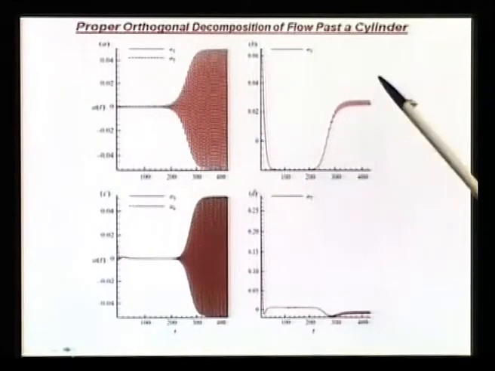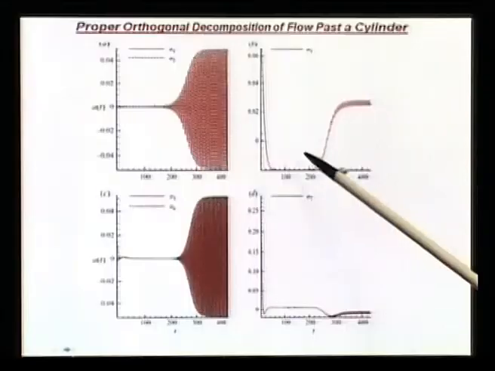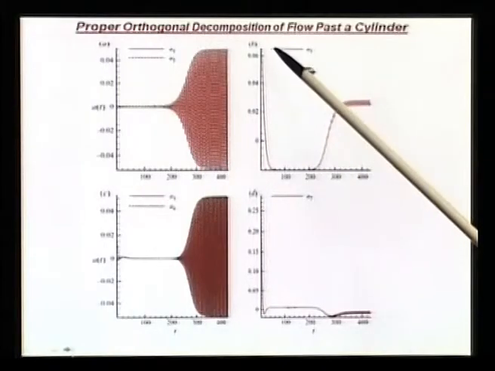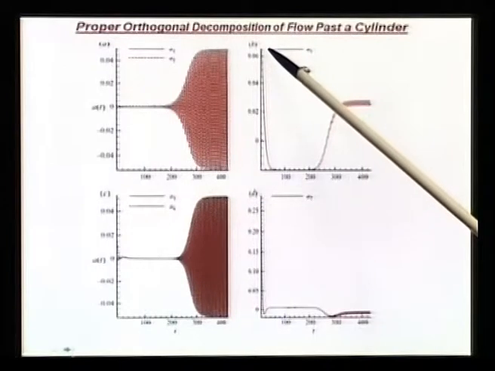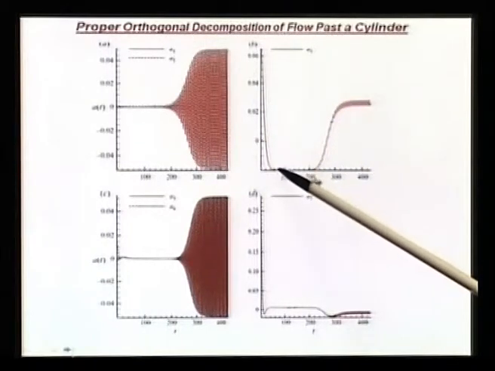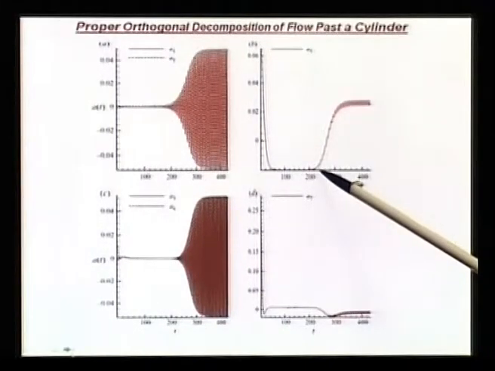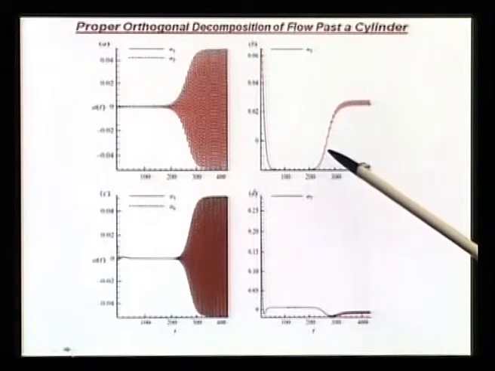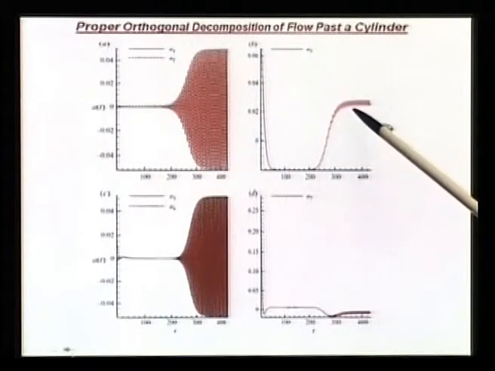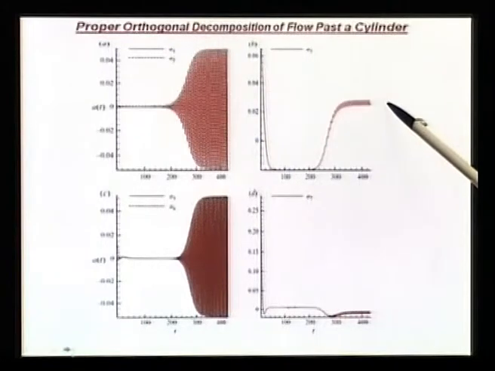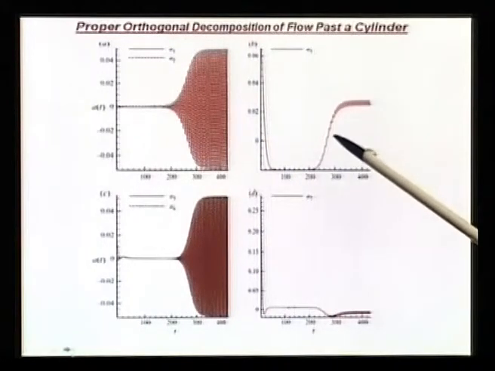This is your A3, and A3 has a very interesting behavior. Initially, after the impulsive start, it has a large value, then it goes to the other side and becomes negative, then it remains flat, and once the linear instability starts, it picks up again and settles there.